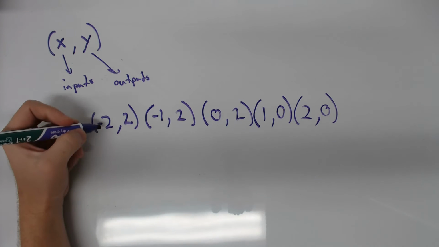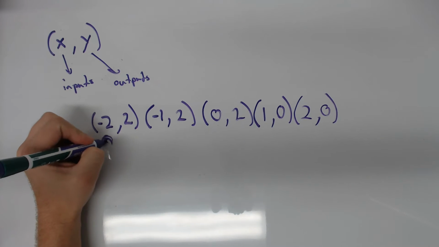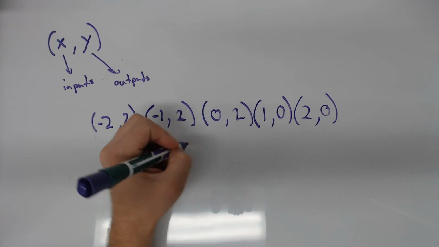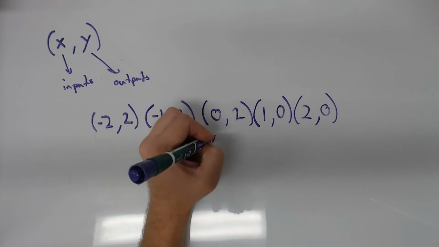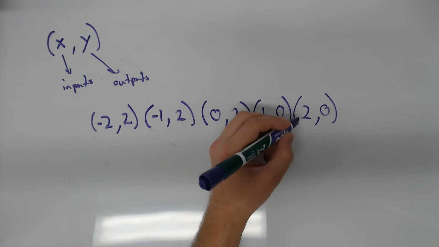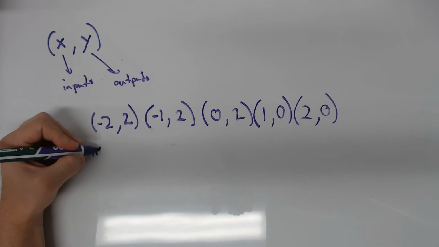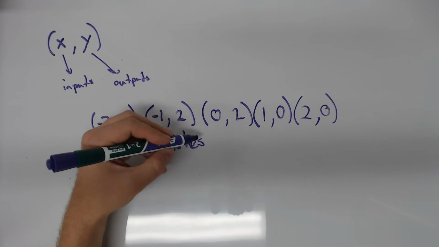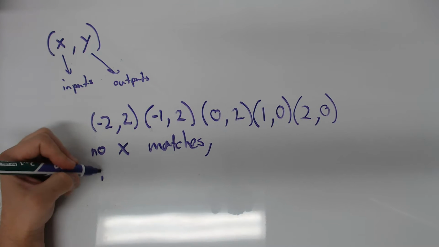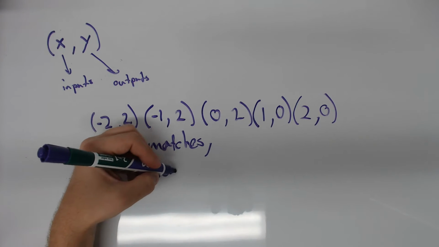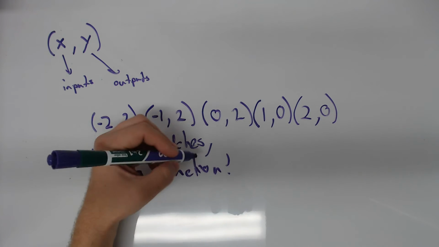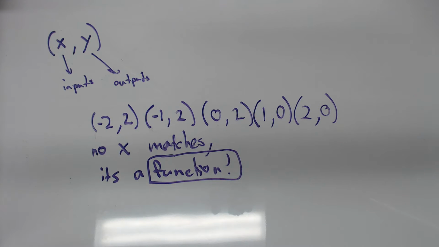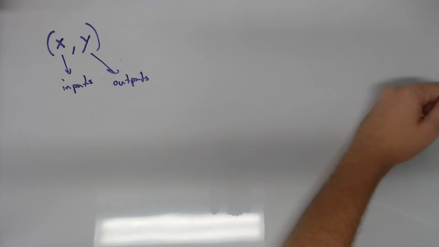Are there any other -2's in the x spots? No, no, no, no. Are there any other -1's? No, no, no. Are there any other 0's? No, no. Any other 1's? Nope. So since there are no matching x values, in this situation, it's always going to be a function. It's a function. Yay.